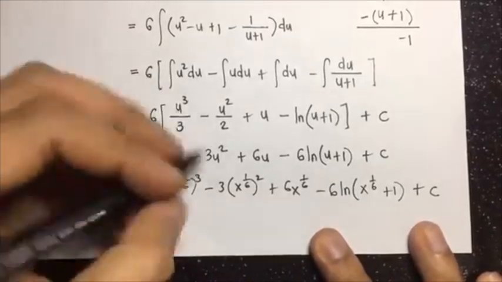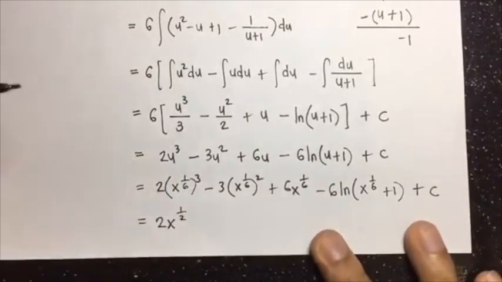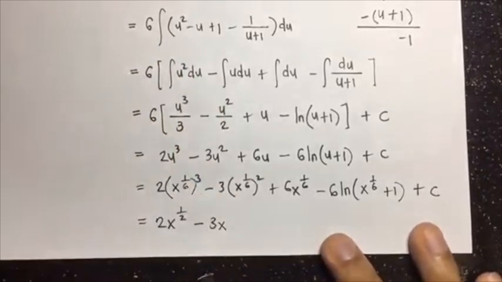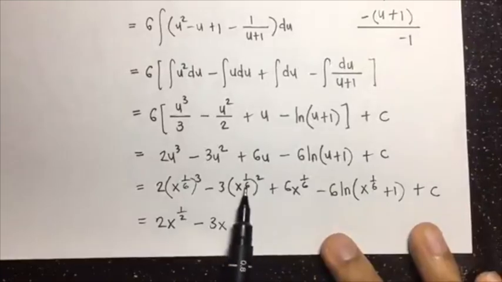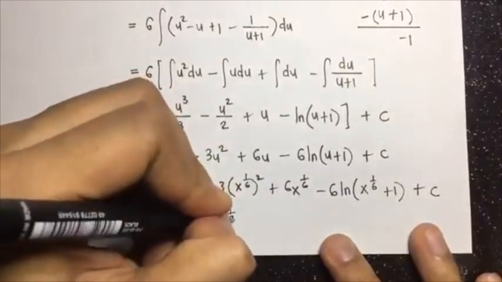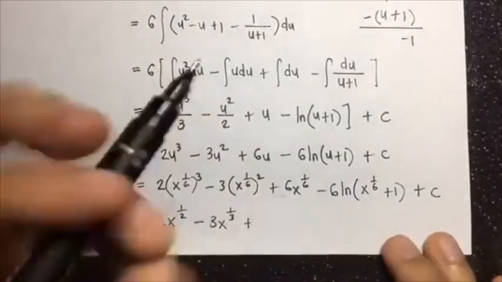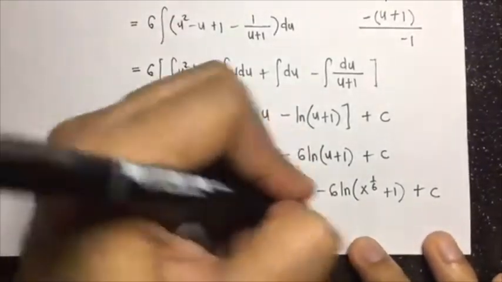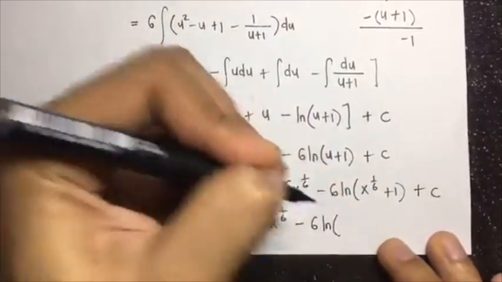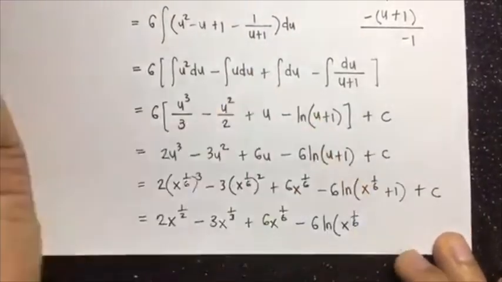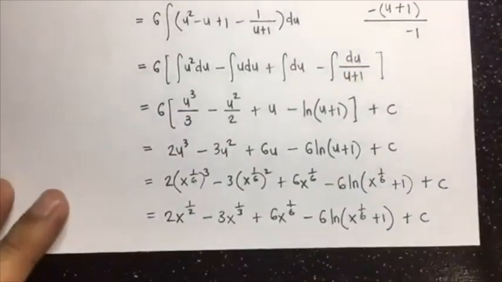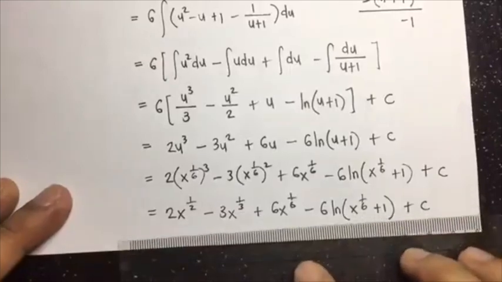So that is 2x raised to 1/2, minus 3x raised to 1/6 squared, so that is 2/6, or 1/3. Plus, copy the rest, 6x raised to 1/6 minus 6 ln of x raised to 1/6 plus 1, plus c. Okay, so we have this as our final answer.